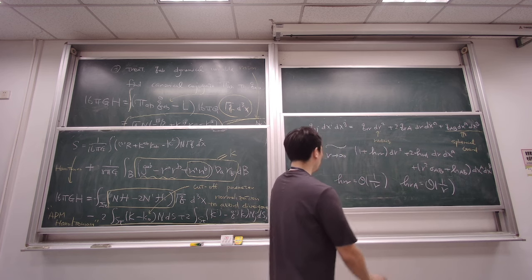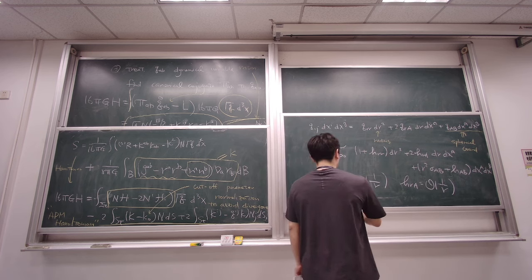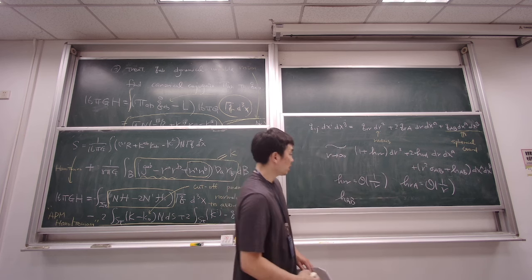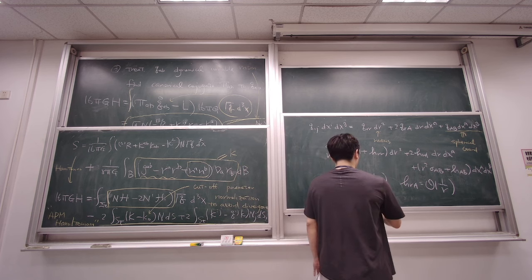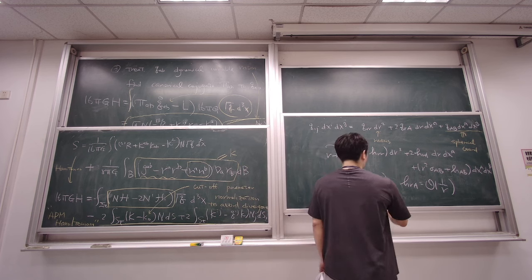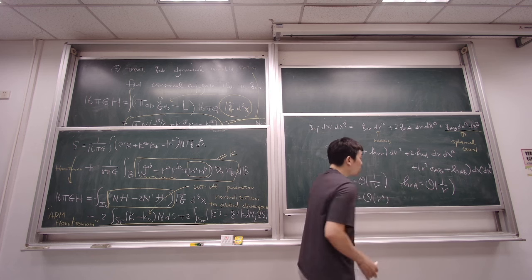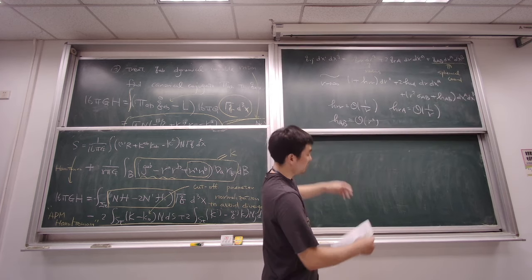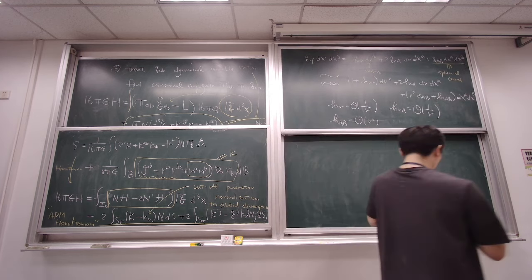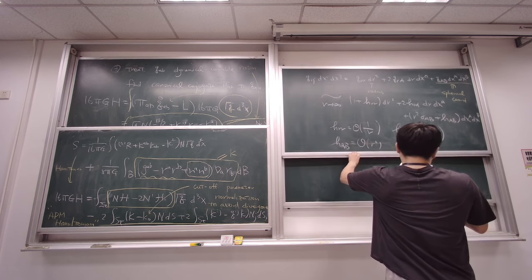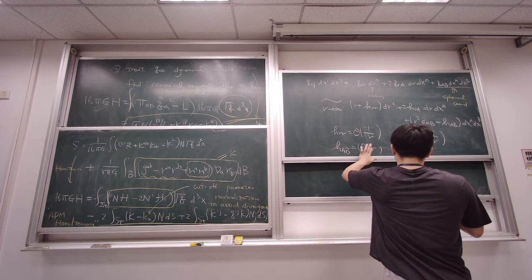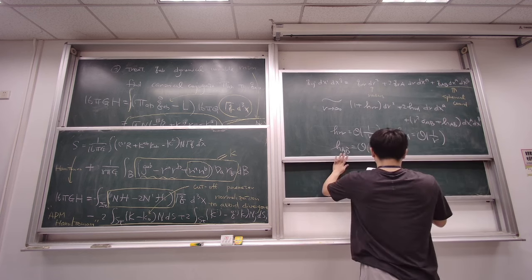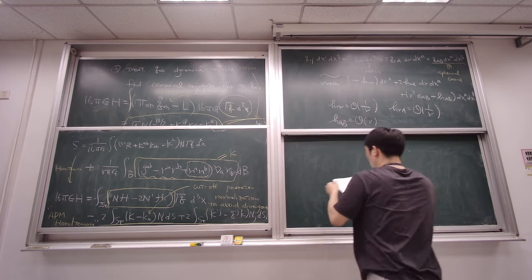Okay, and h_AB can be taken to be 0 actually. Order r^0 or at most r^1, but h_AB does not make much contribution.